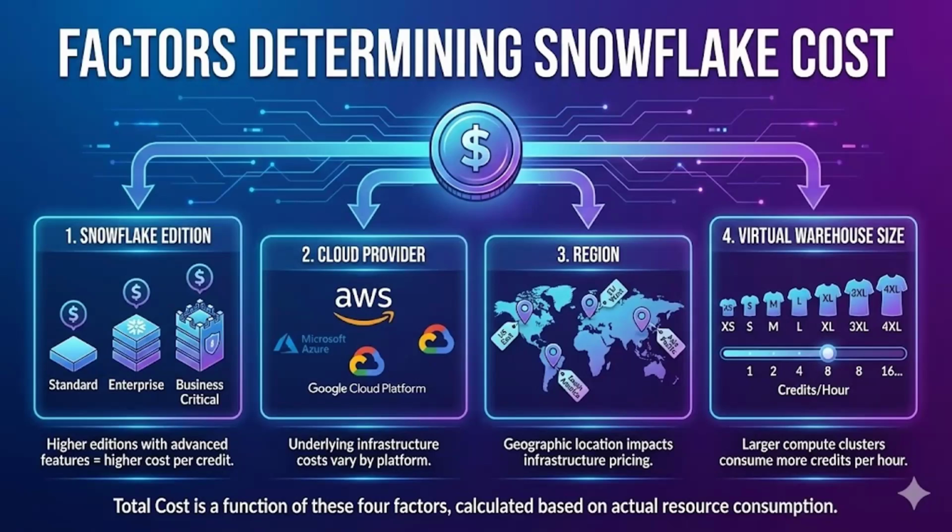For AWS US West region, the cost is different. For AWS Asia Pacific Mumbai region, the cost is different. Azure cloud, like Pune region, the cost is different. So you should think about which cloud and which region we are going to use.